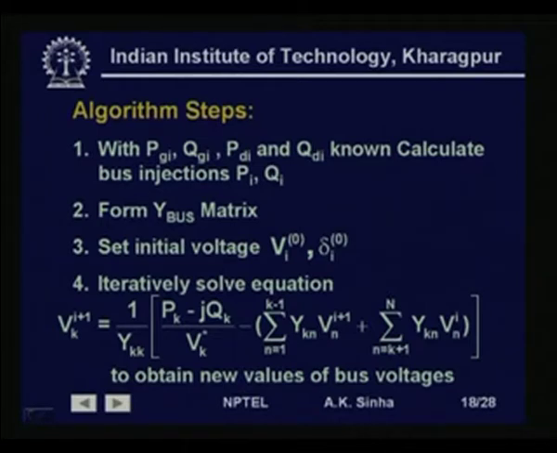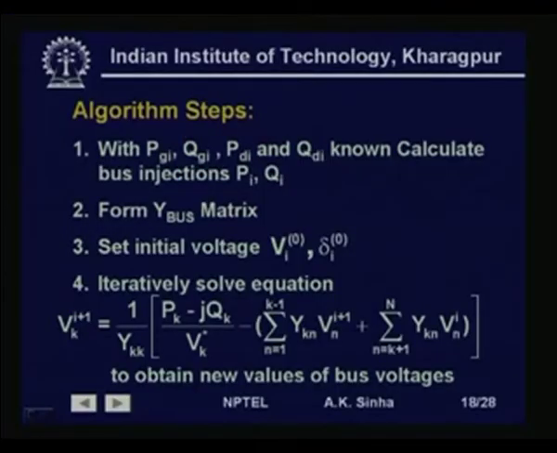Now, iteratively solve the equation as shown earlier: Vk at i plus 1 is equal to 1 by Ykk into Pk minus jQk by Vk conjugate at iteration i, minus summation Ykn Vn at iteration i plus 1, that is the updated value, plus summation Ykn Vn at i, that is the value available at the ith iteration.